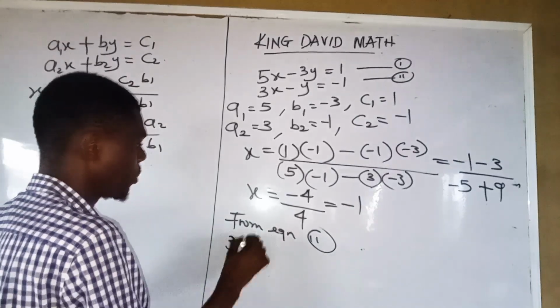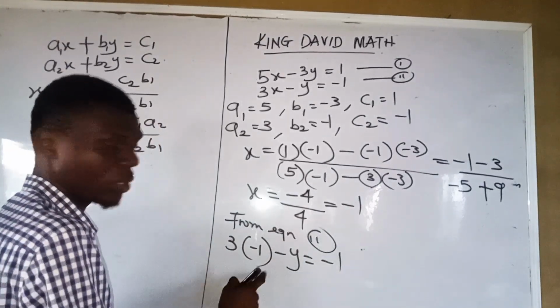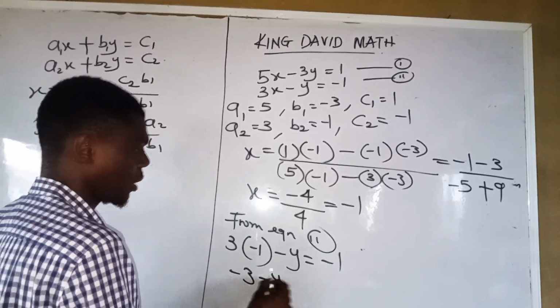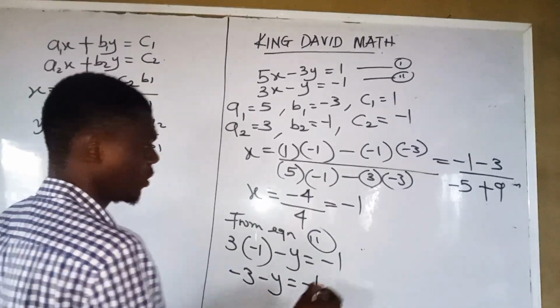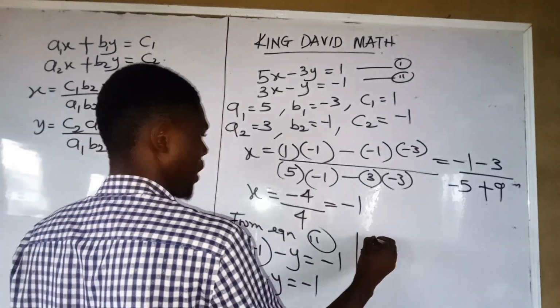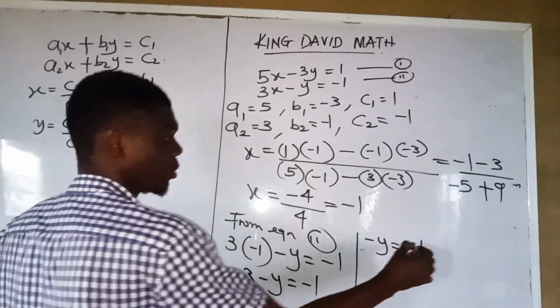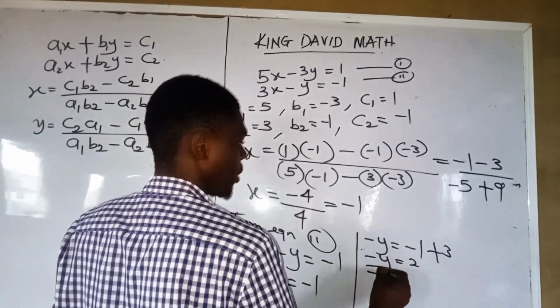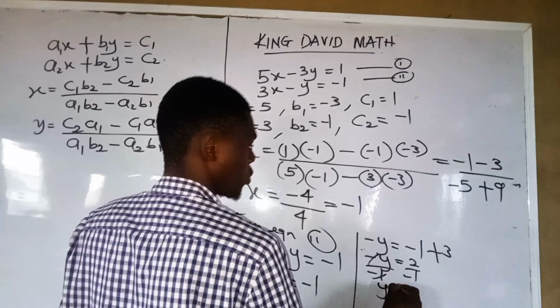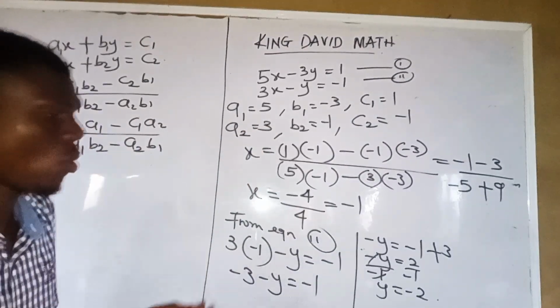So this is 3 open bracket minus 1 minus y equals minus 1. 3 times minus 1 is minus 3, minus y equals minus 1. I can collect like terms now, so I'll be having minus y equals minus 1, and minus 3 moving over becomes plus 3. So minus y equals 2. If I divide both sides by minus 1, my y equals minus 2. I can easily substitute like that to get my answer.